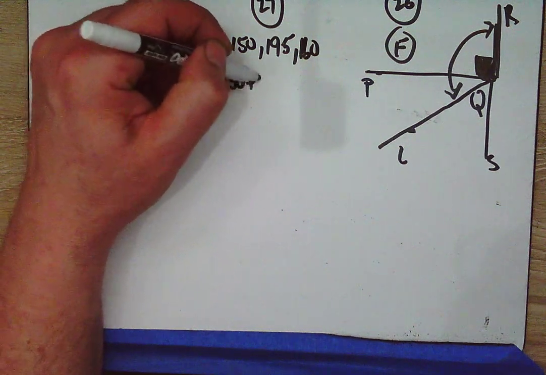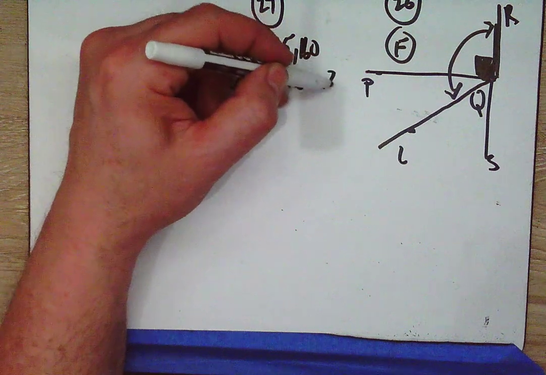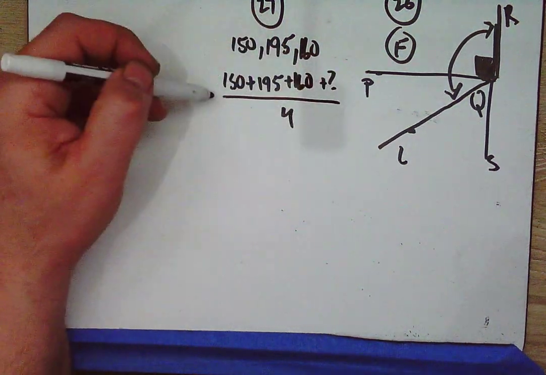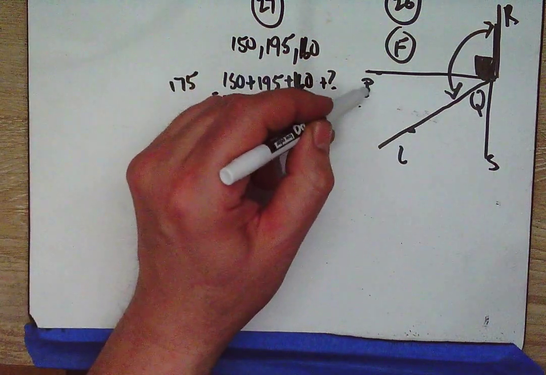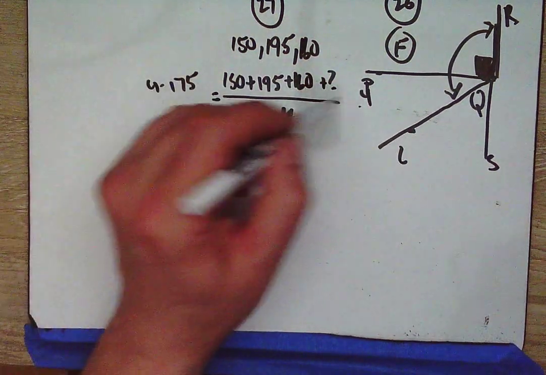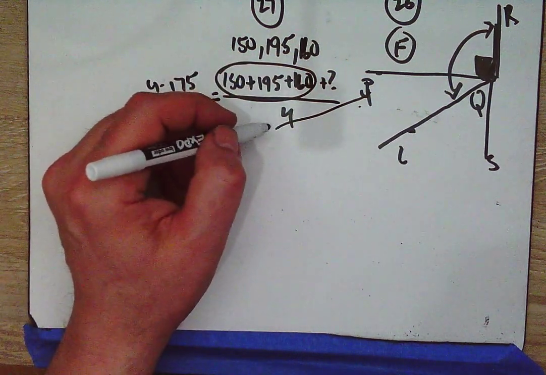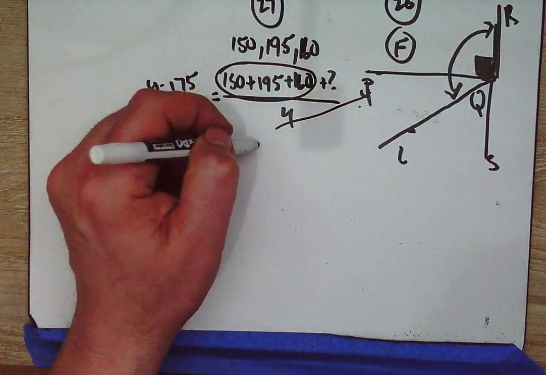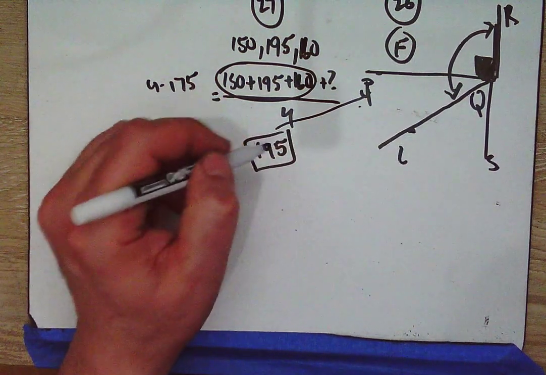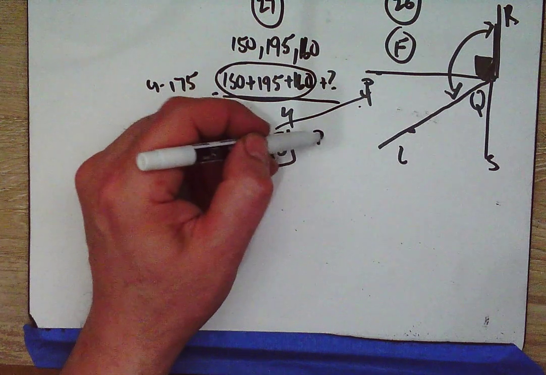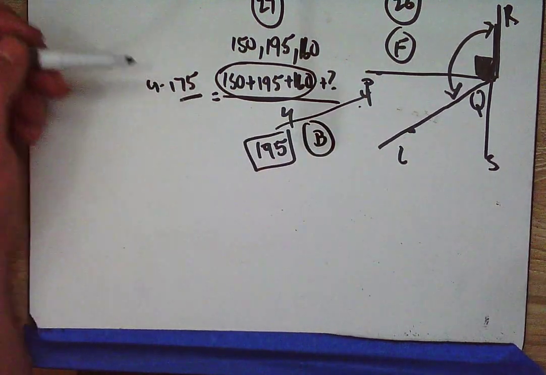So 150 plus 195 plus 160 plus, I don't know, divided by 4 games should equal 175. Well, if I multiply both sides by 4, and then subtract all 3 of these numbers, I should end up with 195. She needs to get 195 in her 4th game in order to have an overall average of 175.